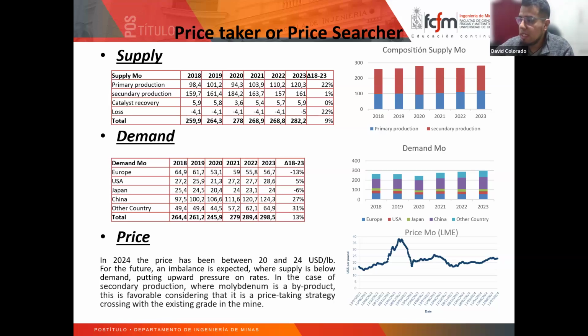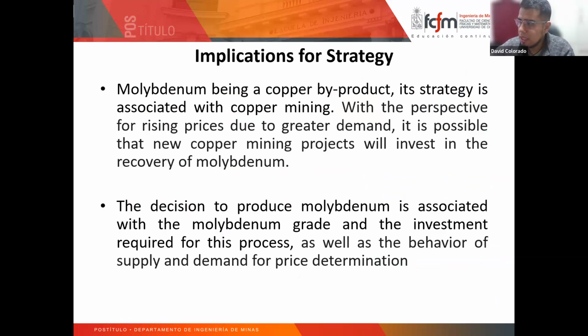It could be attractive for secondary producers who have molybdenum as a byproduct. As they are price takers, it is very positive news to enter the market or improve their position. Next slide, Roderick.